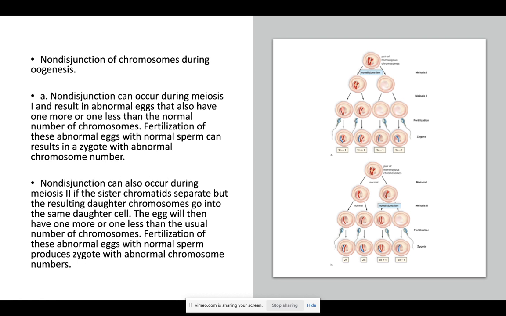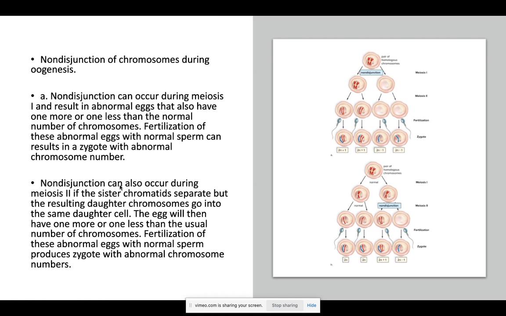Here's a picture kind of depicting that, so I'll read the text. Non-disjunction of chromosomes during oogenesis, so this is formation of the egg. Non-disjunction can occur during meiosis 1 and result in abnormal eggs that have one or more less than the normal number of chromosomes. Again, the chromosomes aren't separating, so that kind of makes sense. Fertilization of these abnormal eggs with normal sperm can result in a zygote with abnormal chromosomes.